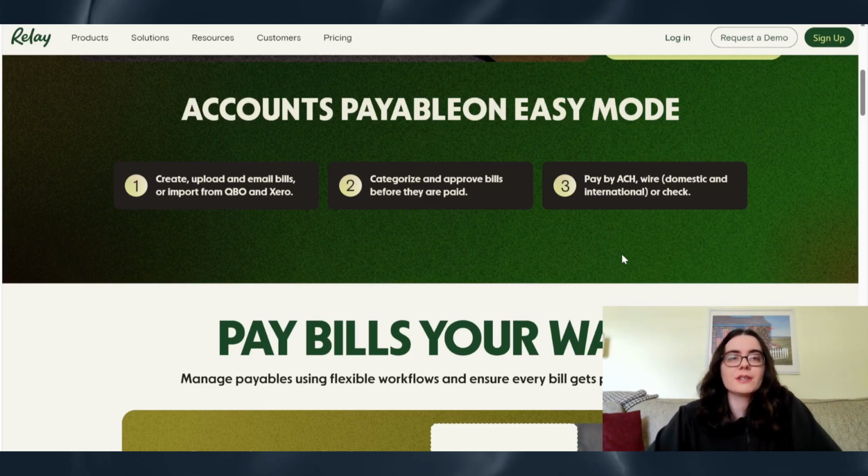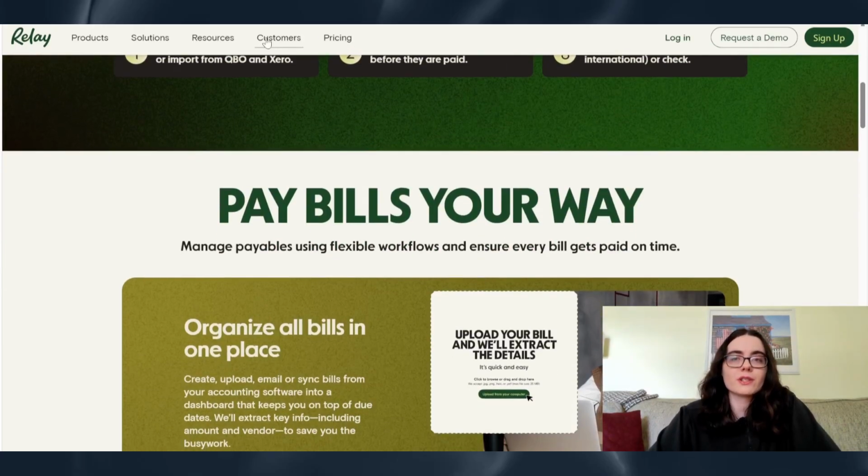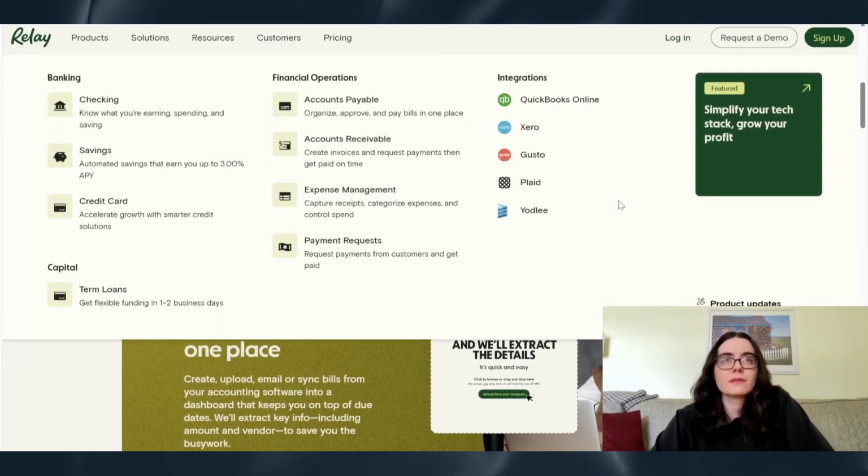So integration, they do have several integrations available. They're kind of different than what you get with Melio. So you get QuickBooks Online, not the desktop version. You do get Xero, Gusto for payroll, Plaid and Yodlee for syncing with your bank accounts and things like that.